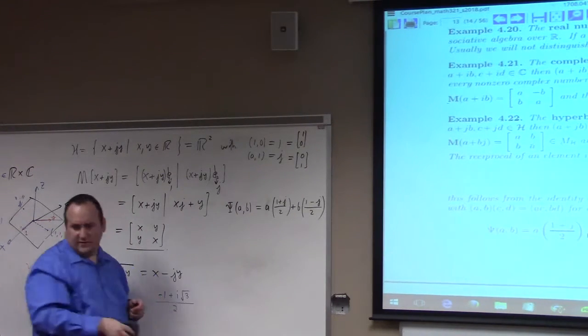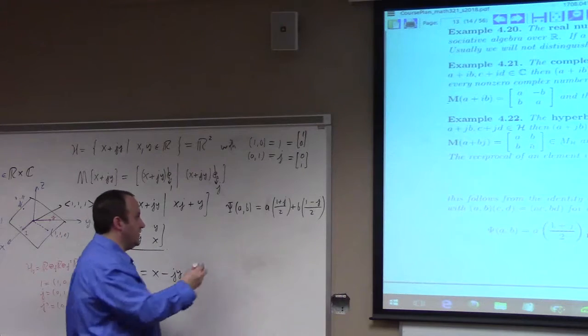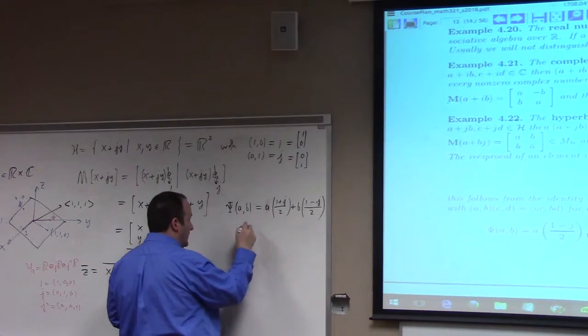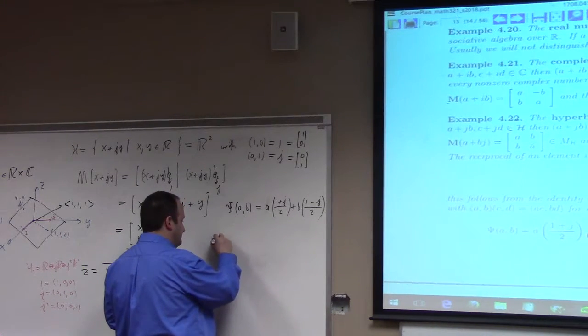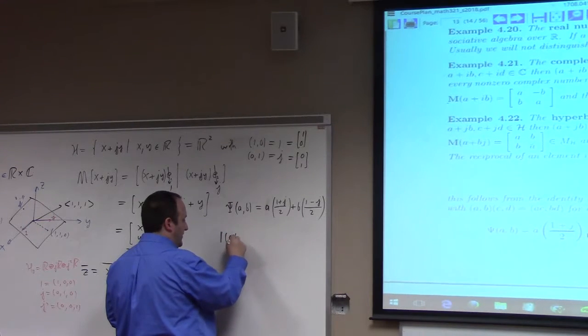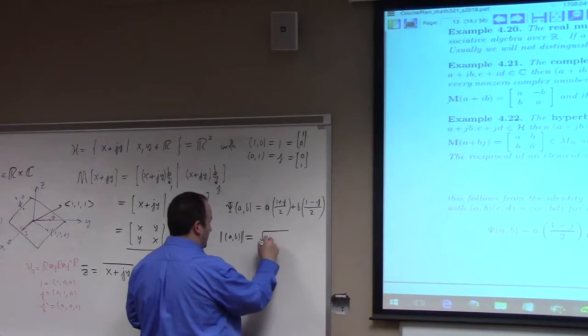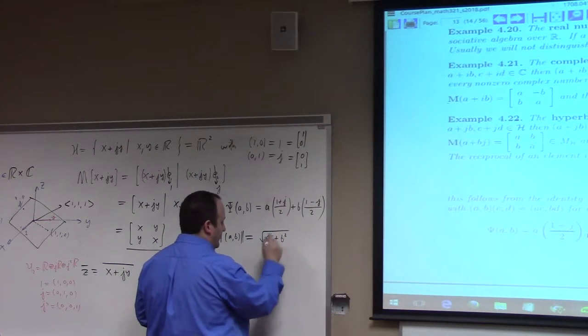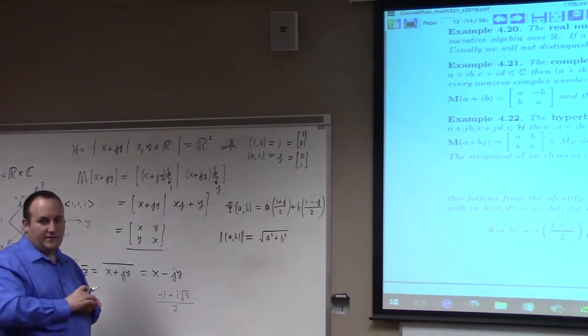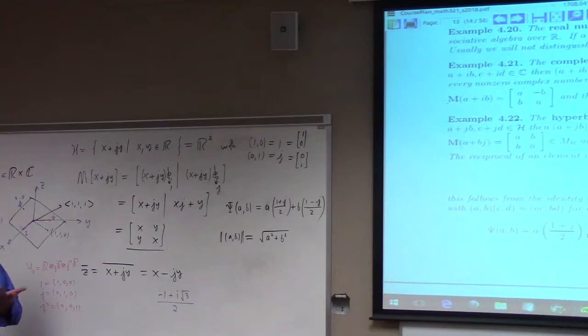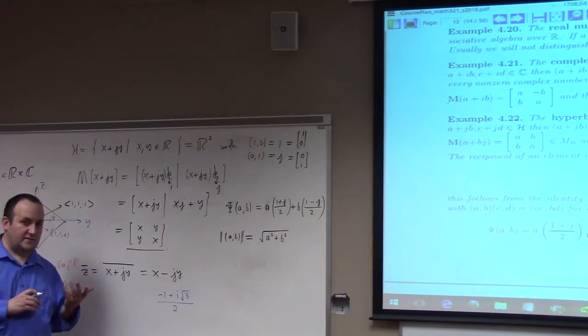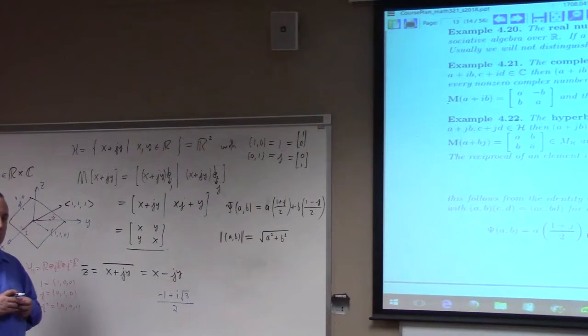My point, though, was if you look at, for example, what's the length of A comma B? Well, it's the square root of A squared plus B squared, right? We use the usual. I insist on using Euclidean topology for all of these algebras, right?